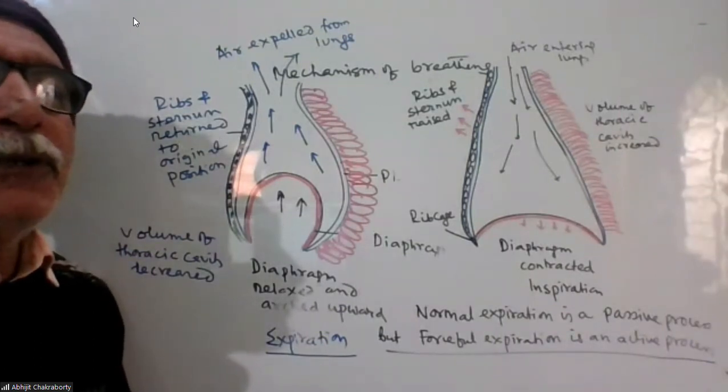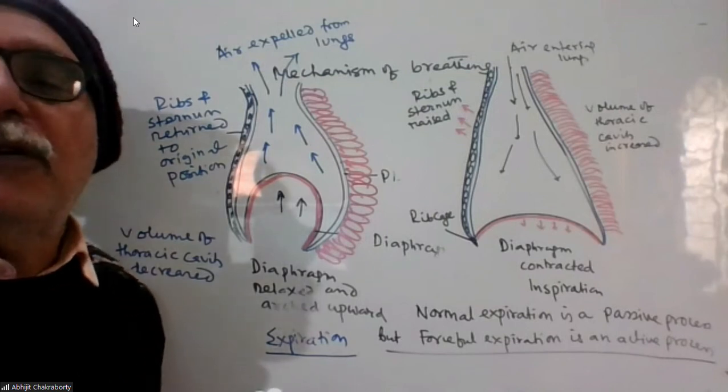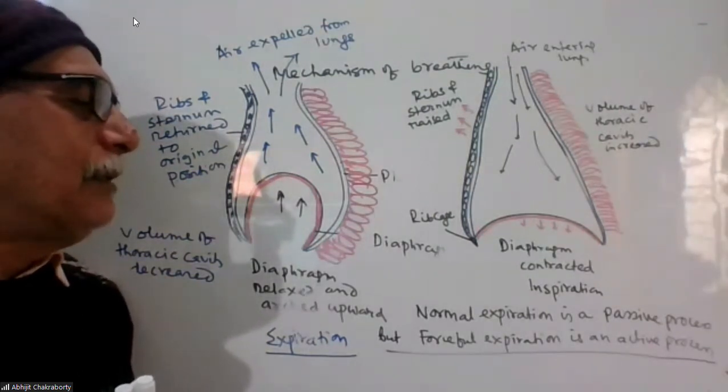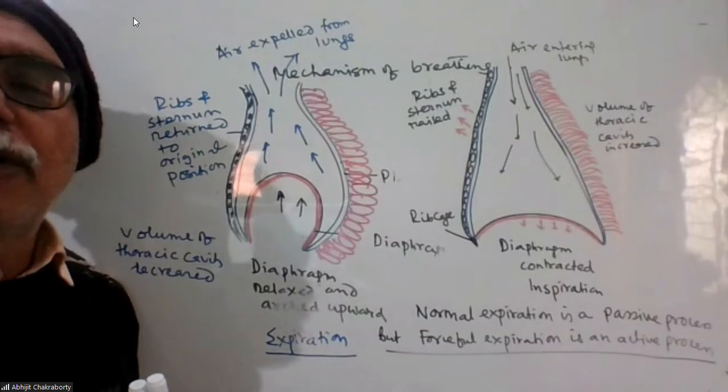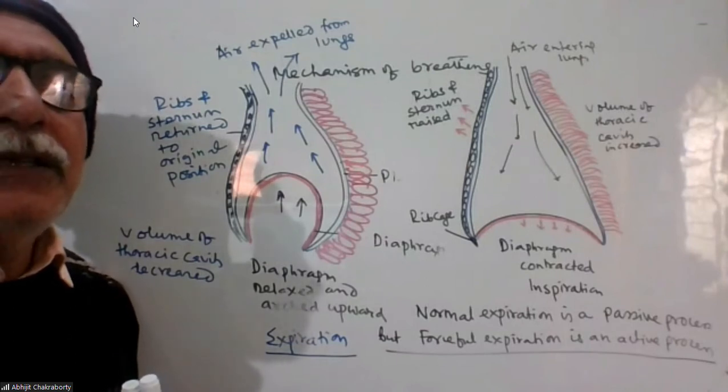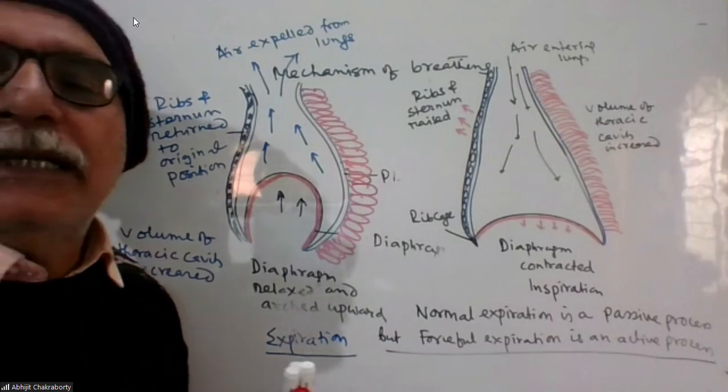Why? Because in forceful expiration, there is involvement of muscular contraction. Why is normal expiration a passive process? Because in normal expiration, there is no involvement of muscular contraction. When inspiratory muscles relax, automatically expiration takes place.